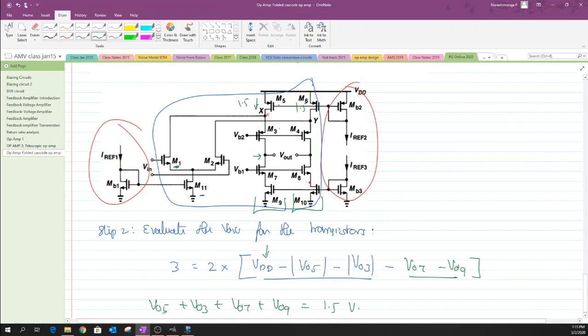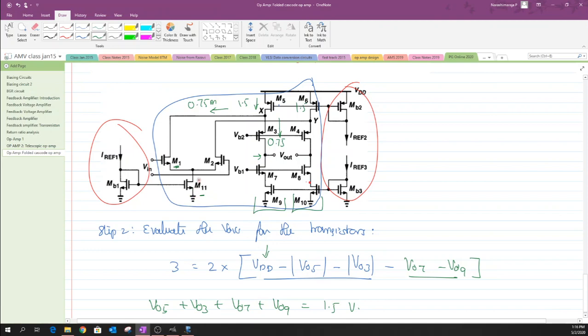And in this 1.5, part of the current has to flow in this output branch, whereas the remaining part of the current has to flow in the input branch. So let us define the current that is being split as basically half and half, which means that 0.75 milliamperes of current flows through the bottom structure of the output branch, and the remaining 0.75 milliamperes flows through the input branch and again through the M11 transistor.